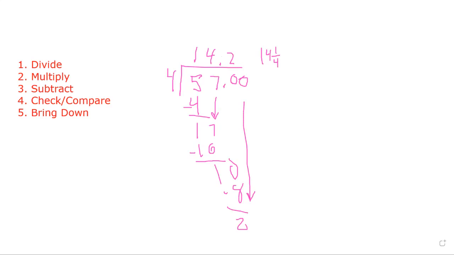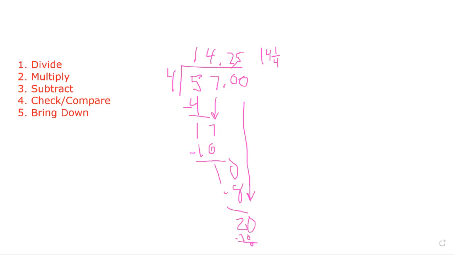Bring it down. 20. 4 goes into 20 five times. 5 times 4 is 20. Subtract, it's a 0. And I get 14 and a quarter. So 14 and a quarter, 14.25, 14 remainder 1 in this case are all the same answer.